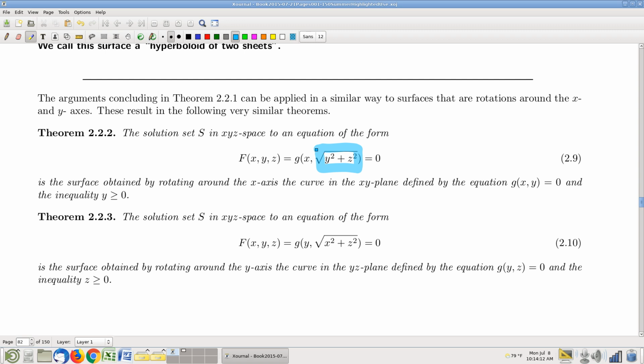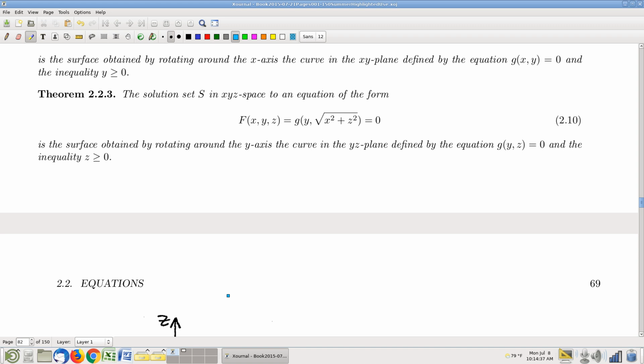Think about how you describe that algebraically. And the punchline is there is a corresponding curve that you can rotate around that x-axis to get your surface. And likewise, if x and z appear only in the special form, then you have symmetry around the y-axis. There are some examples in the rest of this section on that as well.